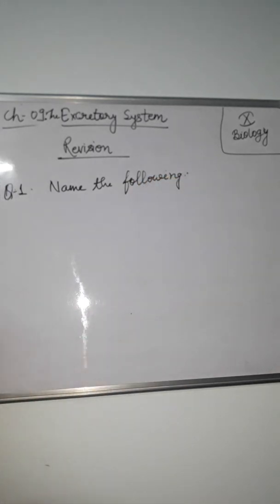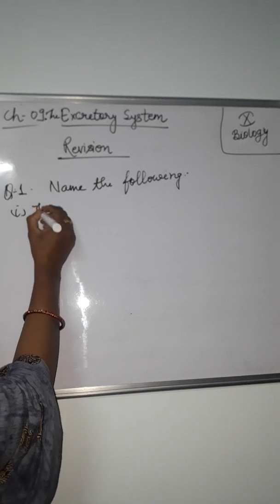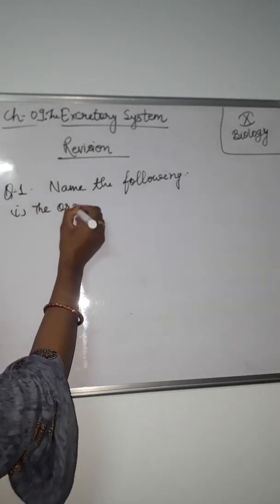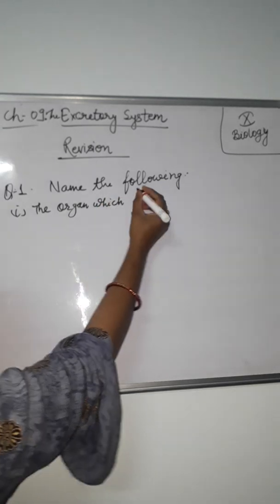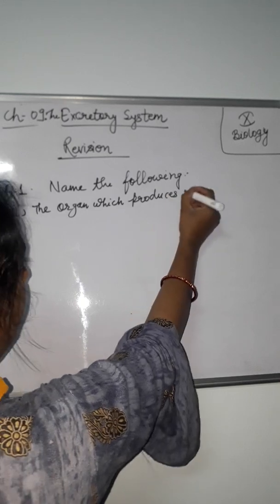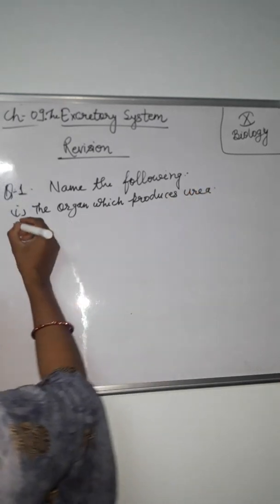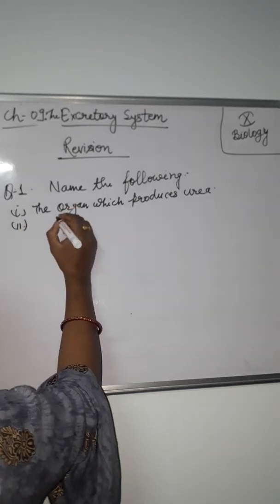Okay, first question, the organ which produces urea. Second one, the outer region of the kidney.